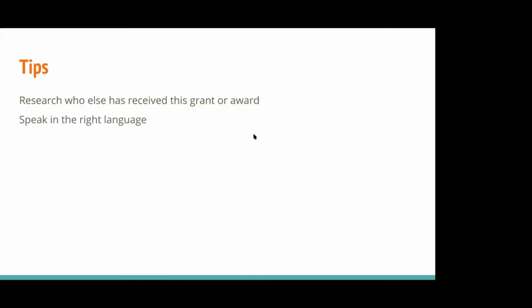Another tip is to speak in the right language. And I don't mean language as in English, Spanish, French. I mean, think about your funder, think about what area and what realm they're in, and who might be reading and deciding on your proposal. You want to speak in the right language with them, right? Sometimes we get caught up in sounding super professional.